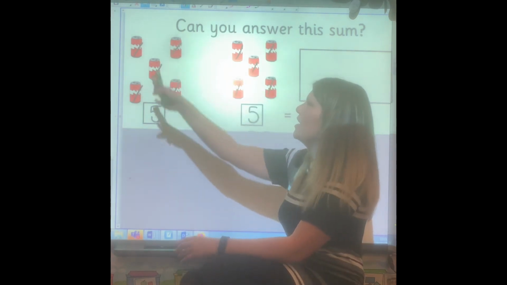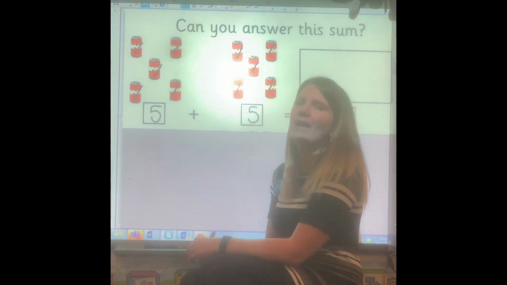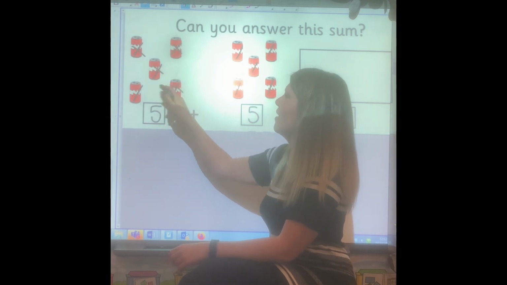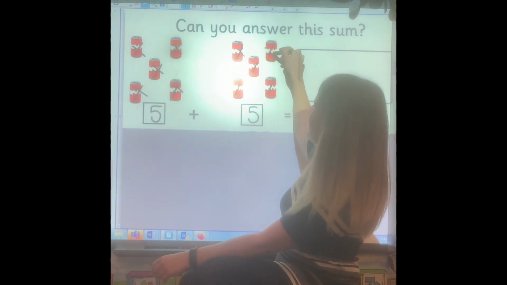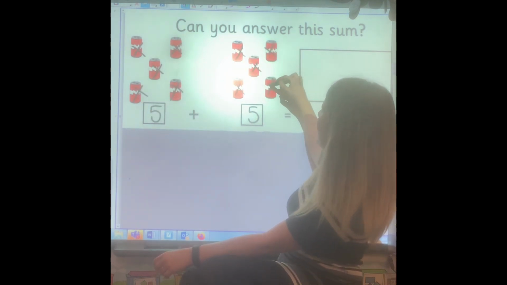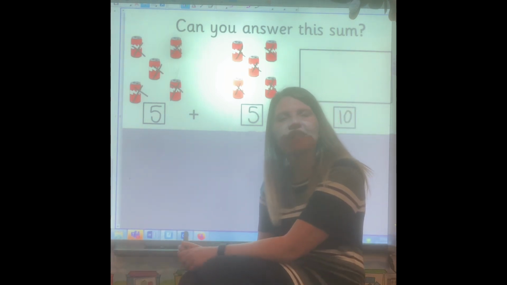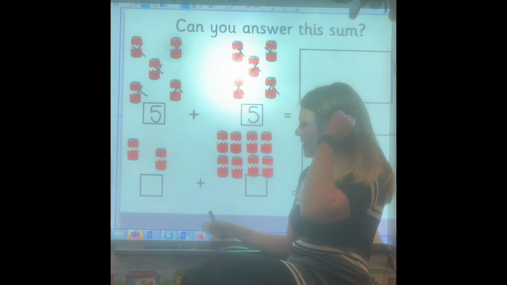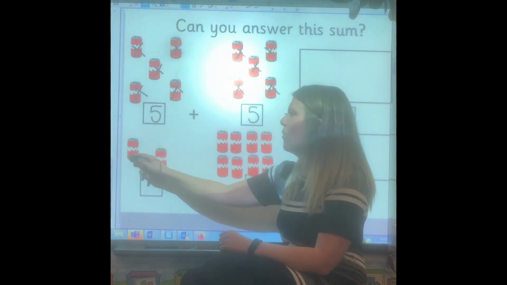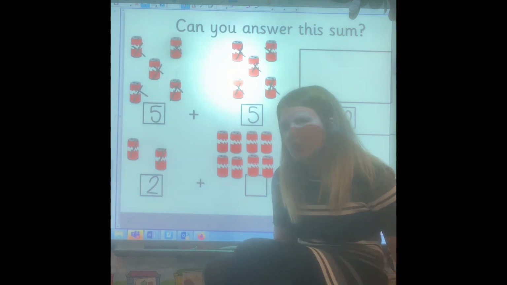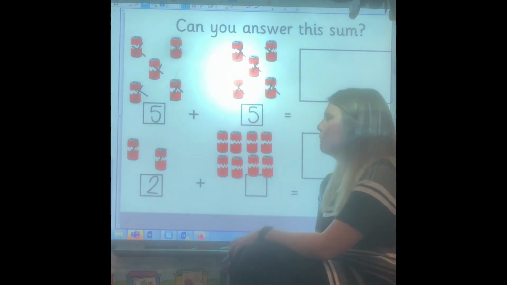5 plus 5. And then we can count them all up to find out how much we have all together. 1, 2, 3, 4, 5, 6, 7, 8, 9, 10. There we are. 5 plus 5 equals 10. Here's another example. We've got 1, 2 this time. Can you remember what we add on to 2 to make 10? Here we go.